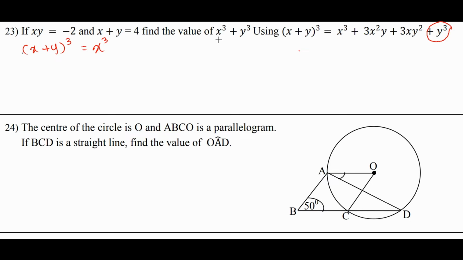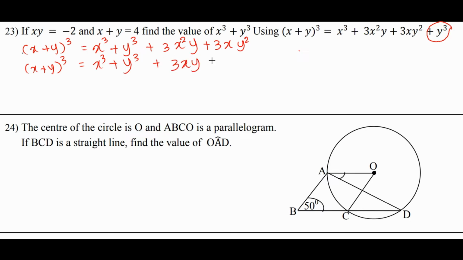Then x cube plus y cube, then 3x squared y plus 3xy squared. Again, (x plus y) cube equals x cube plus y cube plus 3xy, then the bracket, then it should be x plus y.